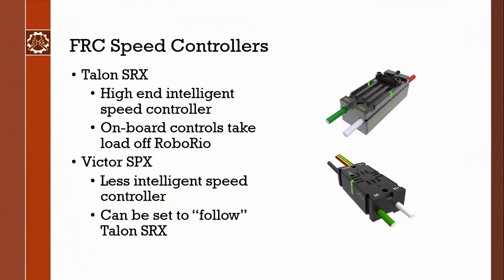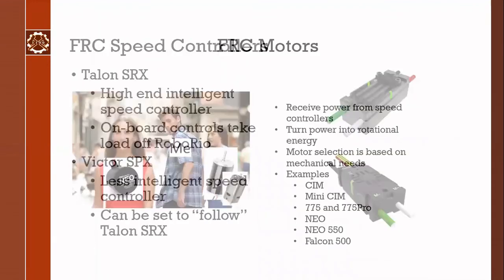Then you have the same output that two different SRXs would give, at the price of one SRX and one SPX. The SPX also has some additional benefits, as it has the ability to be controlled via both CAN and PWM. So they're used for two different use cases. It's really up to the discretion of the team and the application. Okay, sounds good.